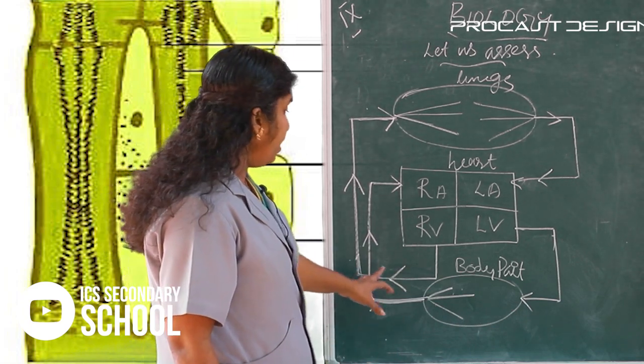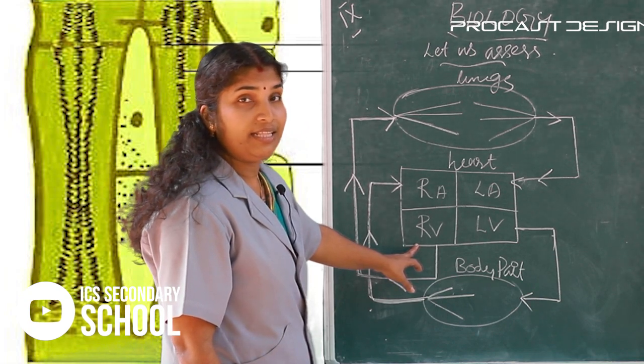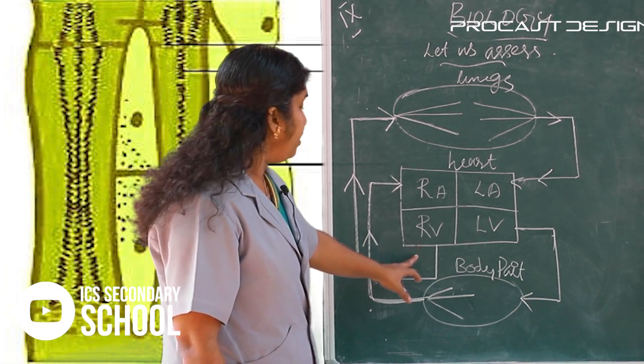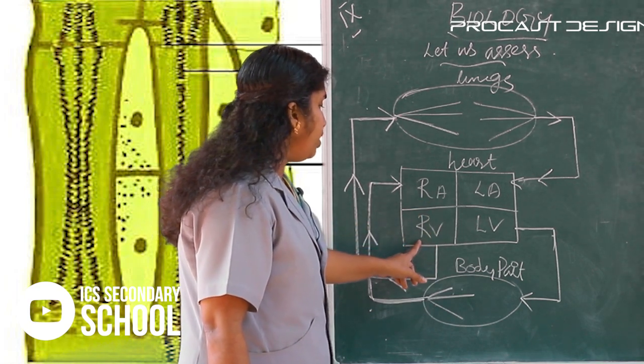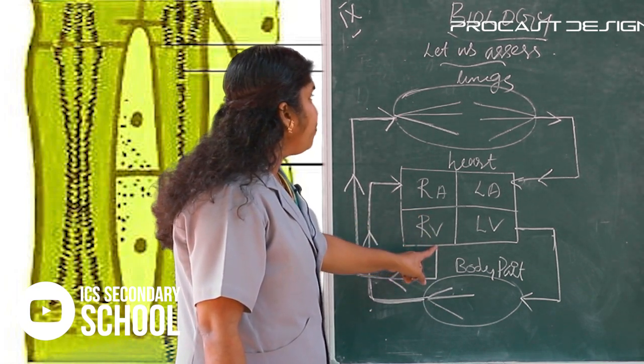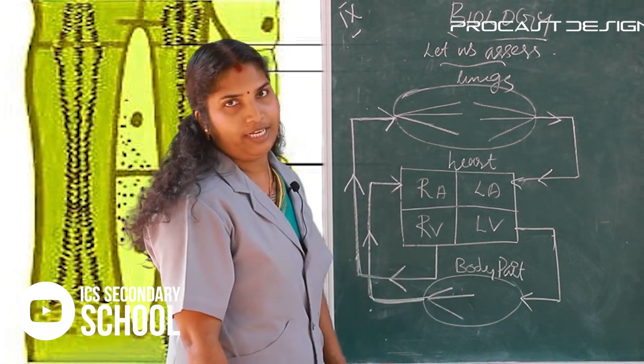The pulmonary artery starts from the right ventricle.